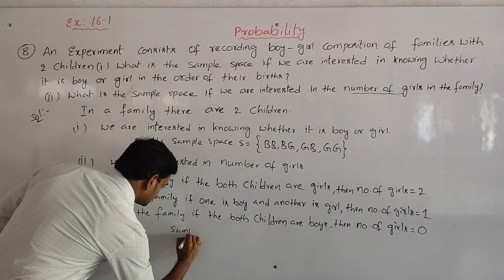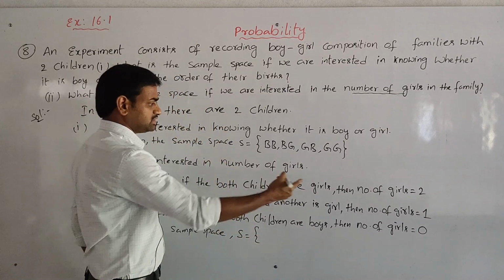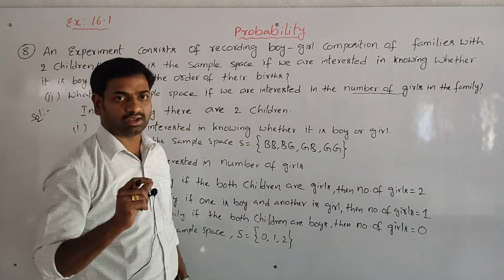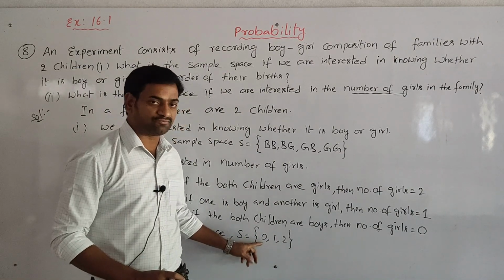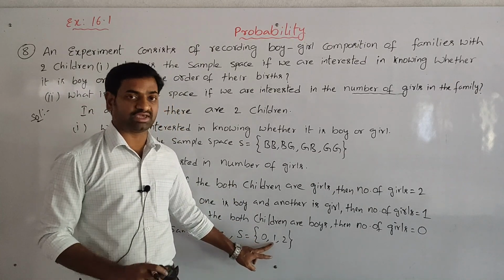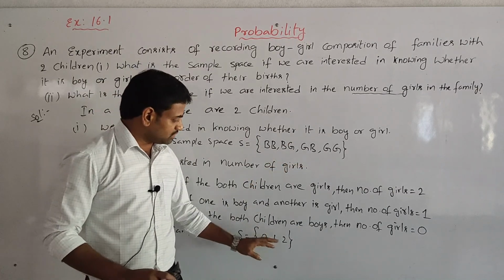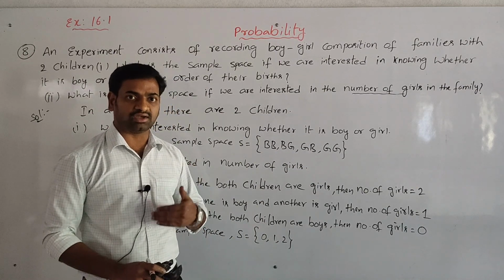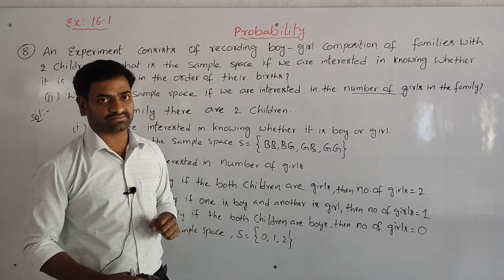So sample space S equal to {0, 1, 2}. Remember, for the number we have to write the sample space, number of girls. So 0 means number of girls are 0, that means both are boys. Number of girls is 1, in which case one boy, one girl is there. Number of girls are 2, when it is possible, when both the children are girls only. So it is the sample space for number of girls.